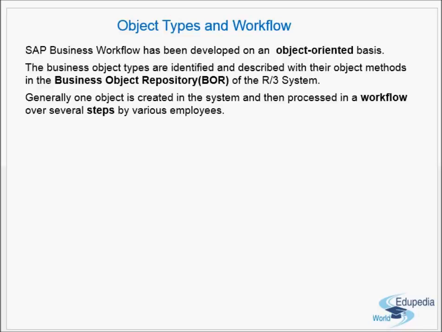So these two videos give you an idea about what a workflow is and the various technical terms which we use in a workflow. Keep on watching the other videos, and you'll get to know what transactions we use in what context for workflow administration.